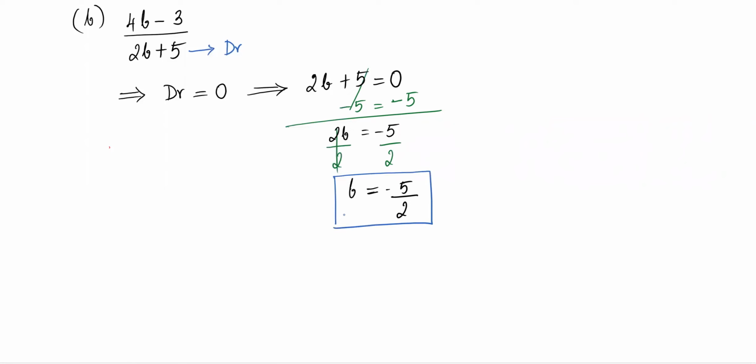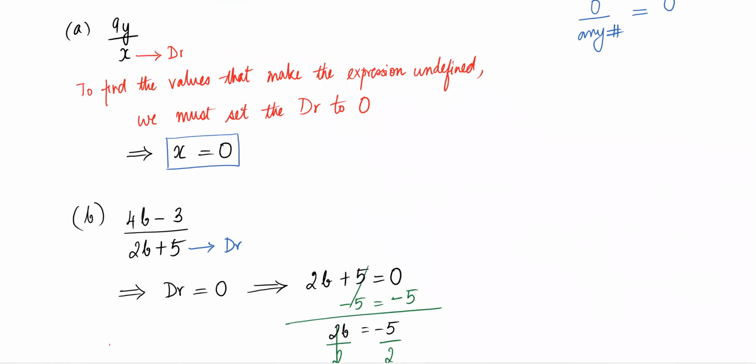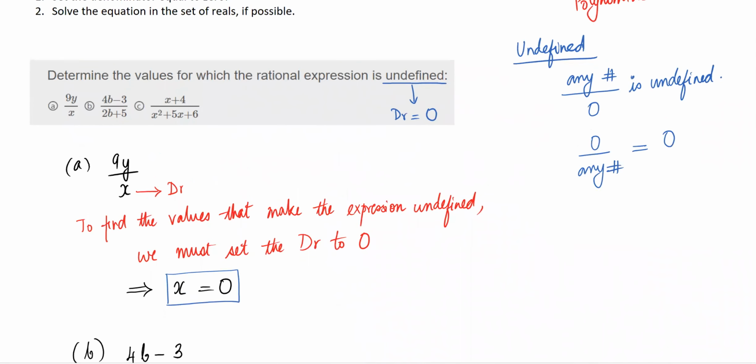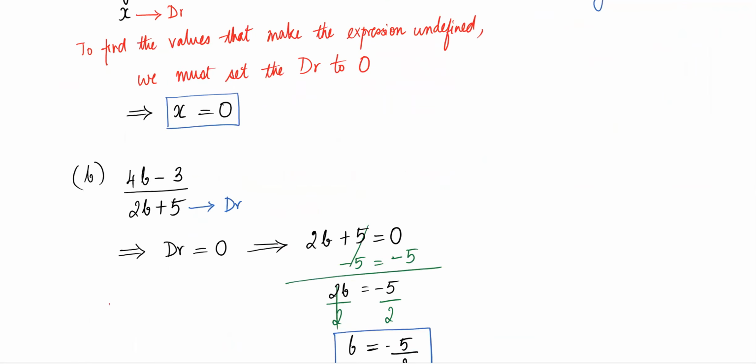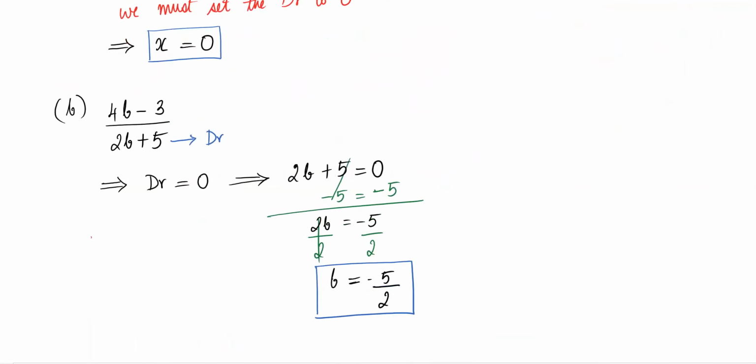That's what this means. I boxed this as an answer because if you go back, the question says determine the values for which the expression is undefined. And we did determine that the value b equals -5 over 2 is indeed the value that makes it undefined.